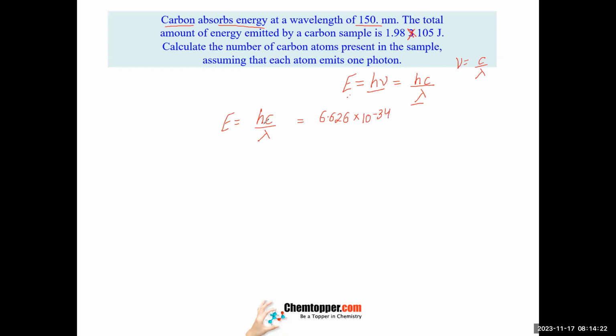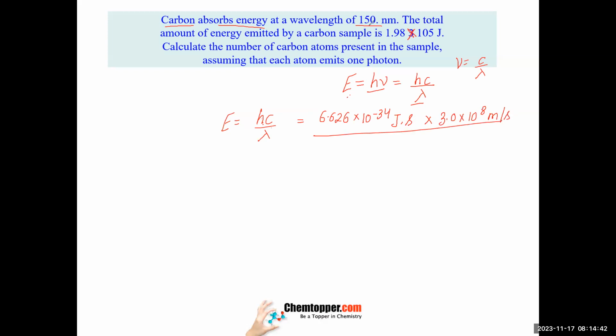Any idea what are the units? Joules second. See the speed of light, which you must know, but it will be given to you. And take care of the units, children. Meter per second divided by lambda.